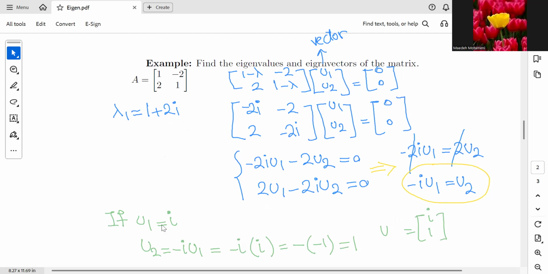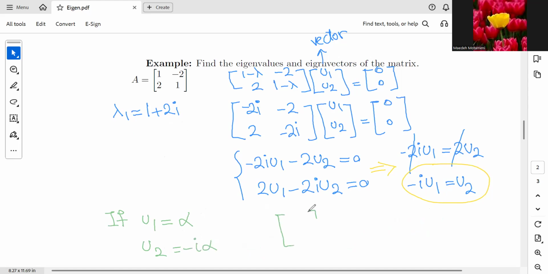Or maybe you say, I don't want to pick all these here. I want to pick v sub 1 as a general number, let's say alpha. This is fine also. If you pick v sub 1 as alpha, the relationship that we have here is important. If v sub 1 is alpha, v sub 2, according to the relationship that we have, is going to be negative I times alpha.